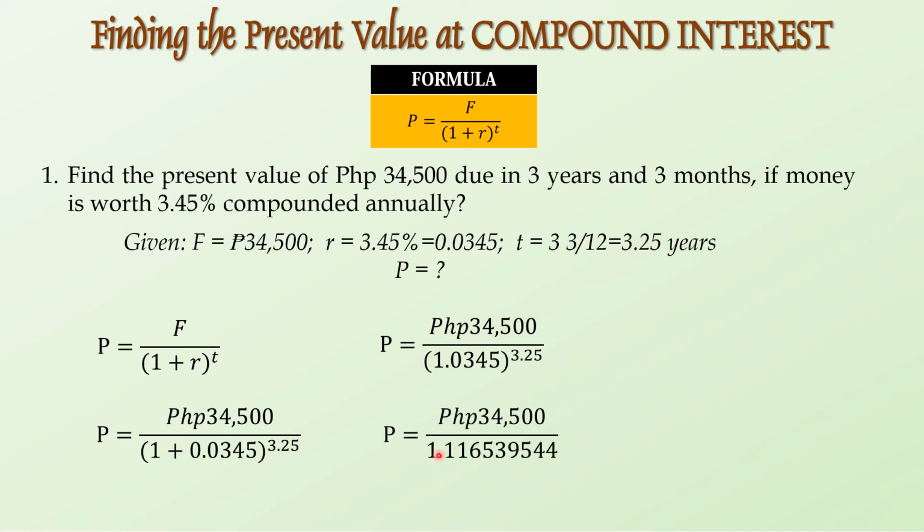So, ito na siya. That is 1.116539544. Yan na yung ating nasa denominator. And by dividing the two, the principal value or the present value is 30,899 pesos and 04 centavos. Okay, so this is now the answer to problem number 1.